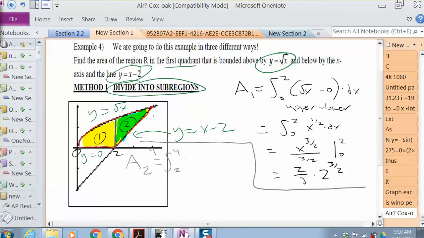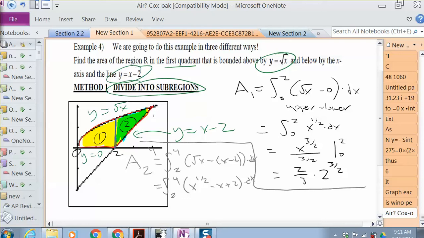Now in this case, it's going to be root x minus parentheses x minus 2. You want to be a little bit compulsive with your parentheses because you need to make sure you distribute the minus correctly. Before I integrate it, it might help to clean it up just a tad. That's x to the 1/2 power minus x plus 2 times dx.